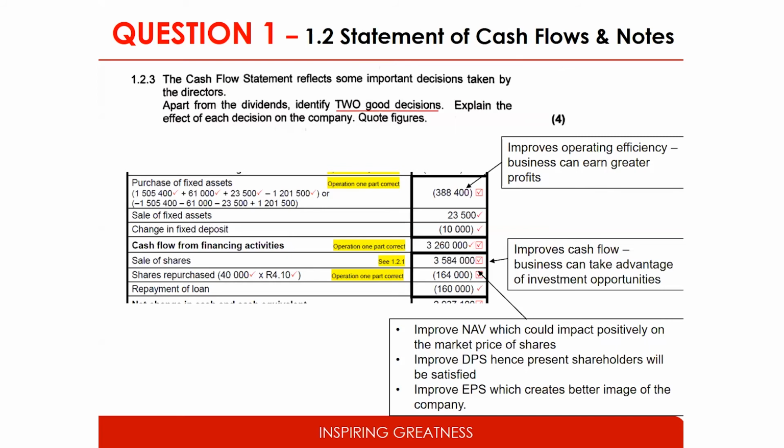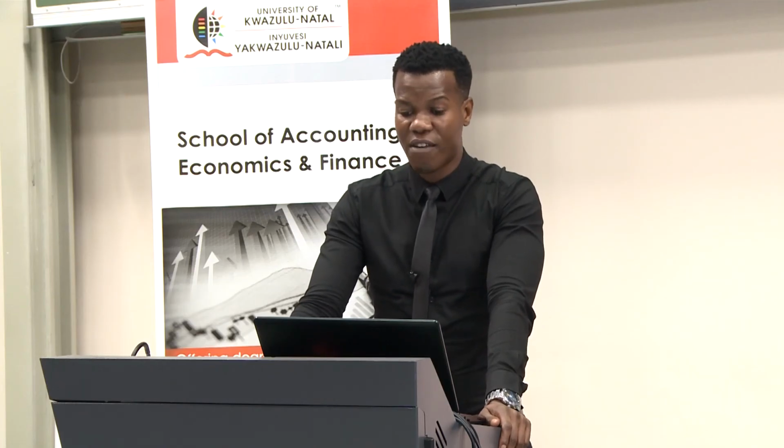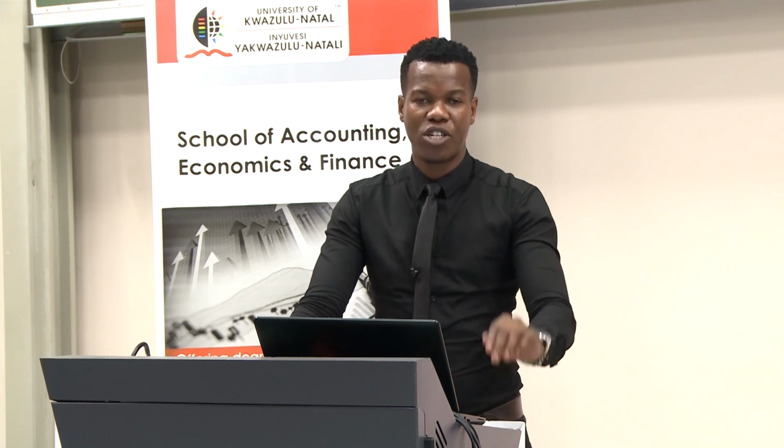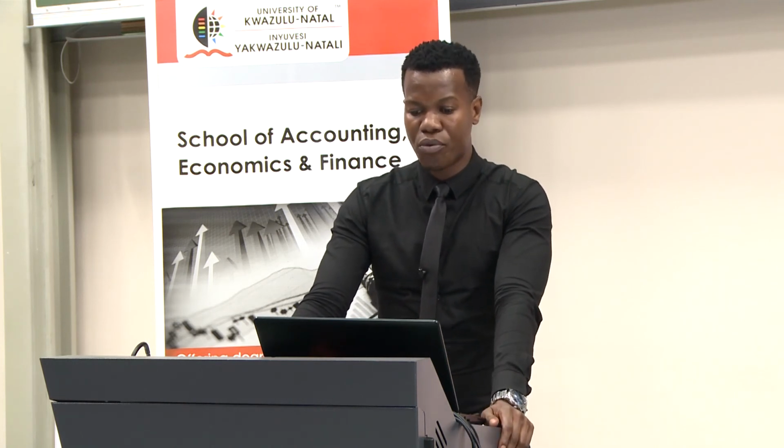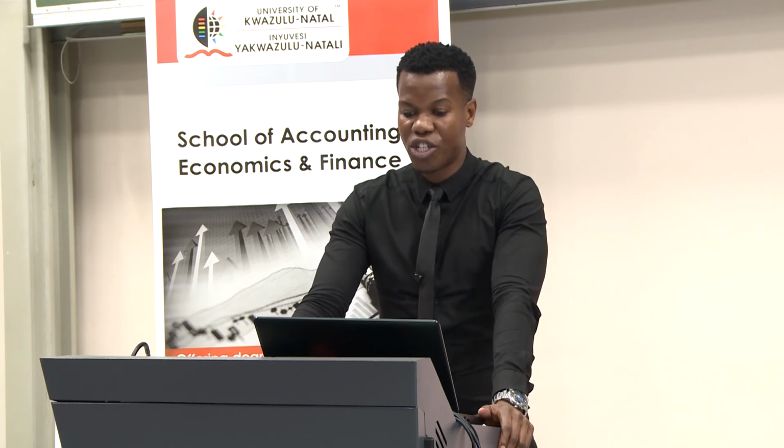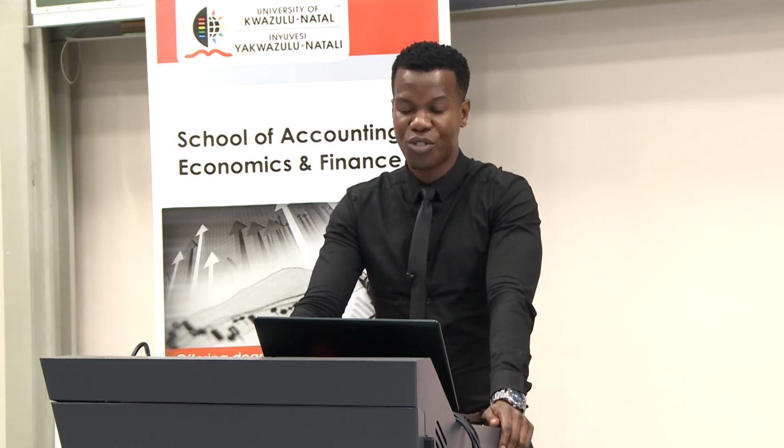Now, the net asset value basically means that the business is doing quite well, and they are able to buy shares, they are liquid, they have excess cash available to buy back shares from shareholders should the need arise. It improves the dividend per share, hence present shareholders will be satisfied.